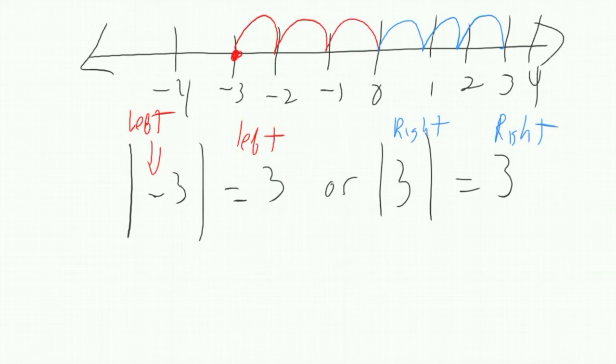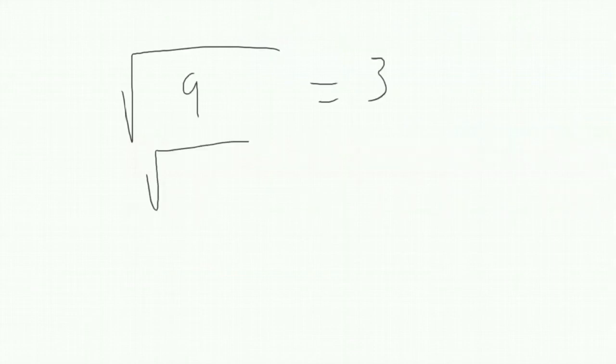And later on, we'll actually solve algebraic equations with absolute values. Now, square roots. Say I have the square root of 9, that equals 3. The reason for that is I can break 9 into 3 times 3, which still gives me 9.